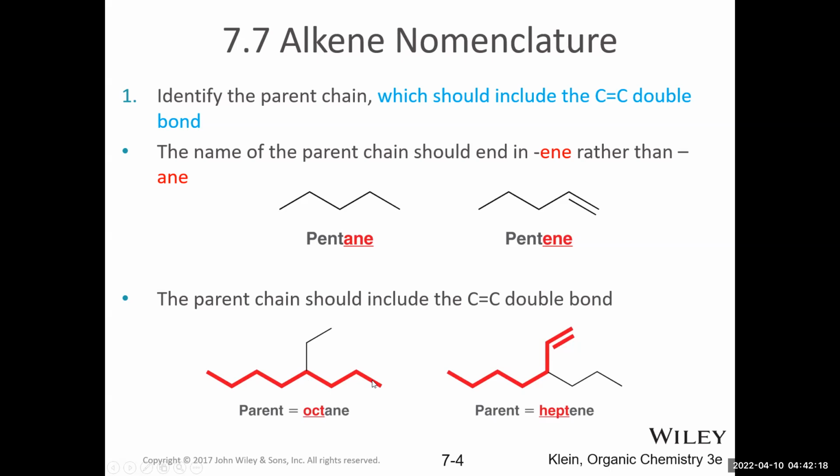It has 8 carbons. But the parent for this would be a heptene, because we must include the carbons from the double bond, since that functionality has priority over any alkyl group. And again, we need to name it with the suffix -ene when there is an alkene. So then this becomes a heptene.